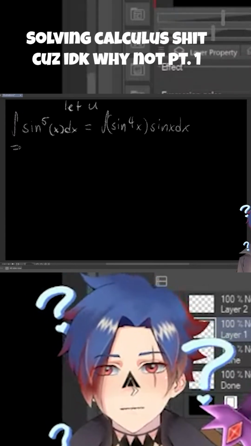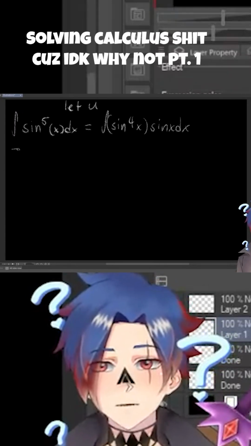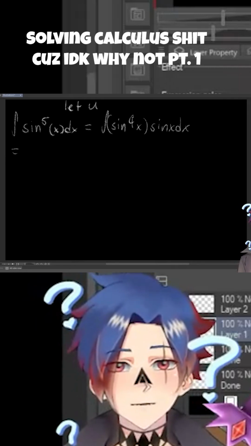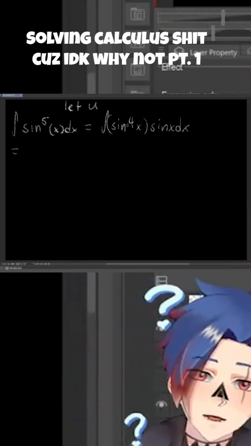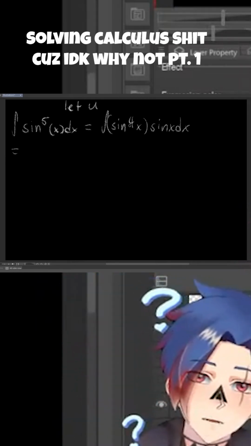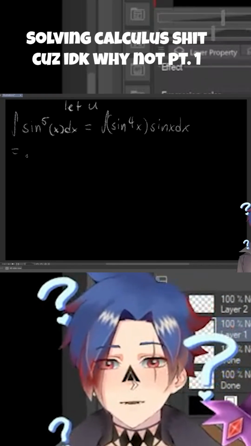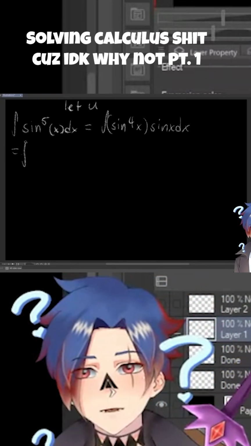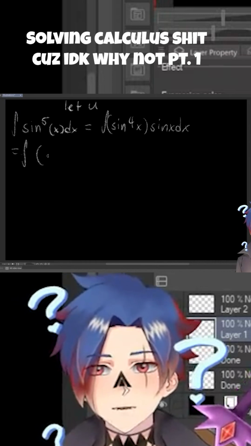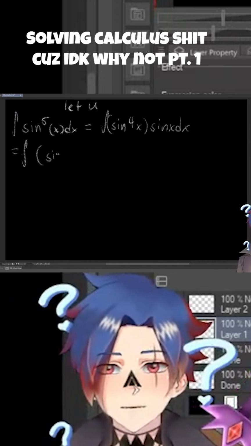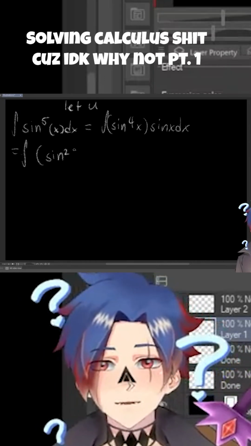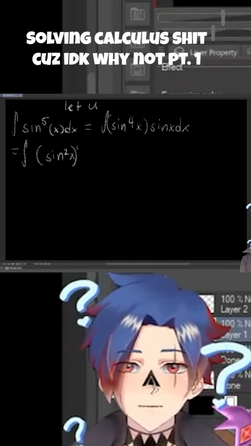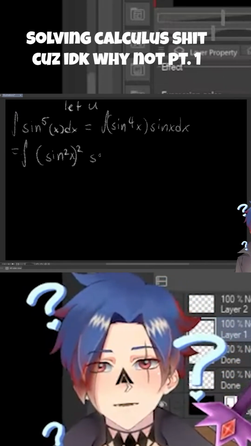You could split the power exponent. You could expand that even more, so we could use something until we find an identity.